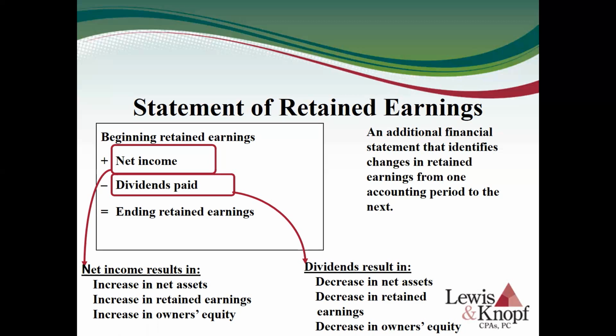We have decided that we are not going to pay all, but we are going to pay some part to them and keep part of the money in the business to help the business run. So it is a financial statement that identifies changes in retained earnings from one accounting period to another. So the statement that we saw shows us the changes in retained earnings from one year to the other.